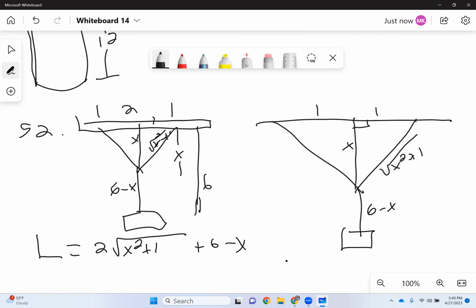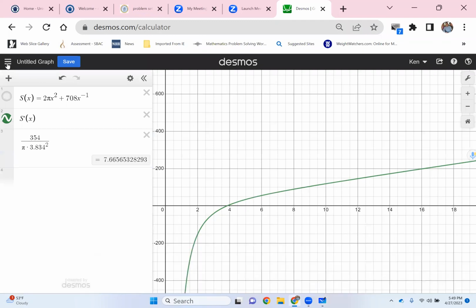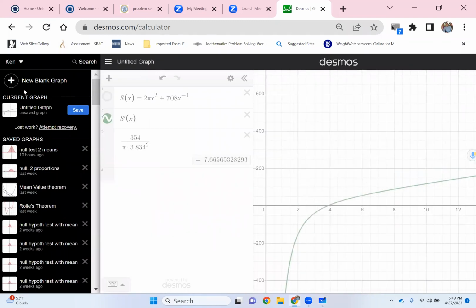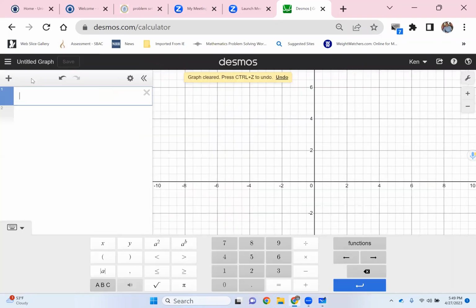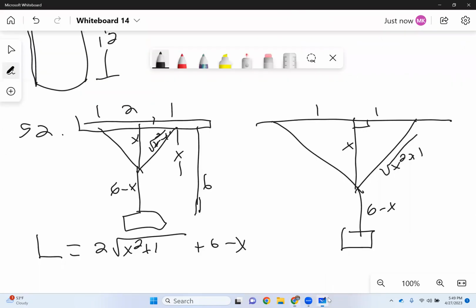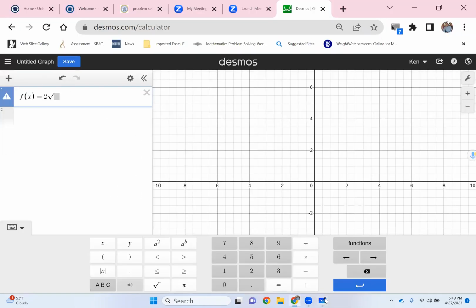So once again, I'm going to let Desmos take care of this function because it's ugly. And I'm going to call L f of X. New graph. Okay, so f of X equals 2 times the square root of, I forgot, X squared plus 1.